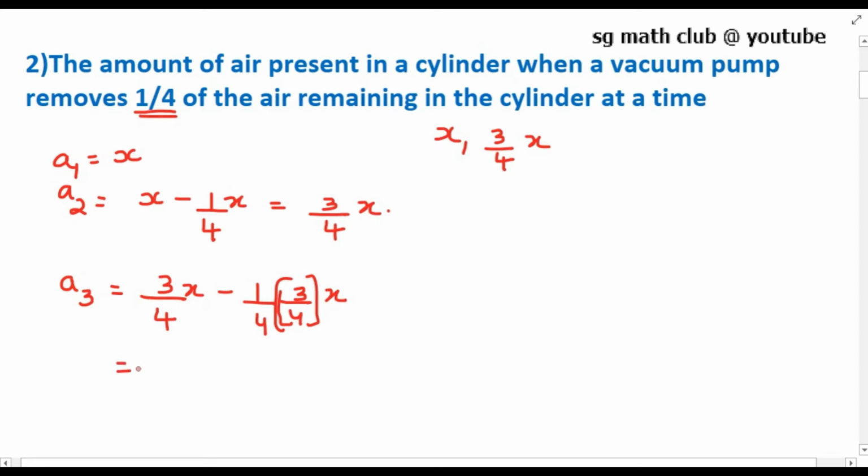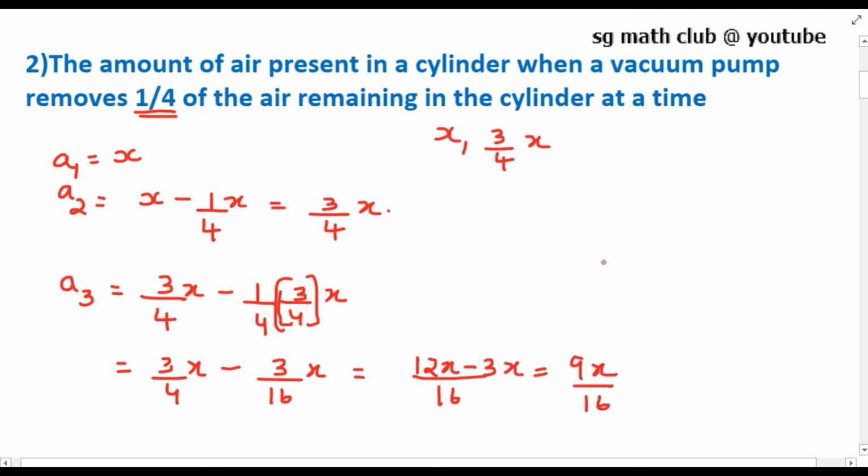So we need to subtract: 3 by 4 x minus 3 by 16 x. When you take the LCM, we have 16, which is equal to 12x minus 3x, equal to 9x by 16. So we got our third term, 9 by 16 x.